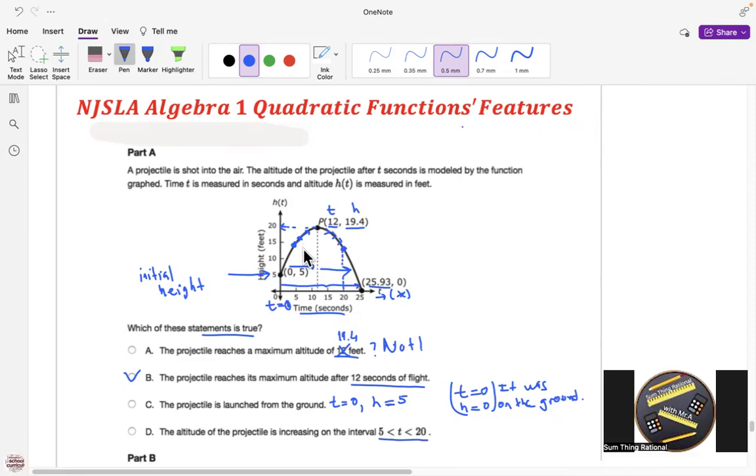So the path of the projectile between 5 and 20 seconds goes from here to here. It is not increasing the whole time, but increasing for some time and later decreasing. Because of that, it is not correct. So all the other answers lead me to the correct answer, which is B in this scenario.